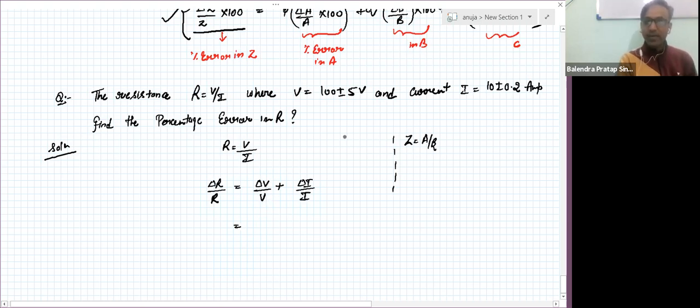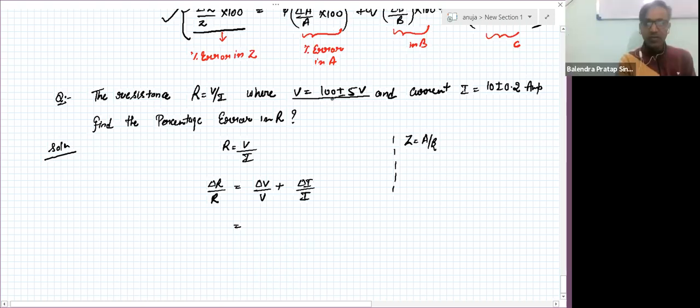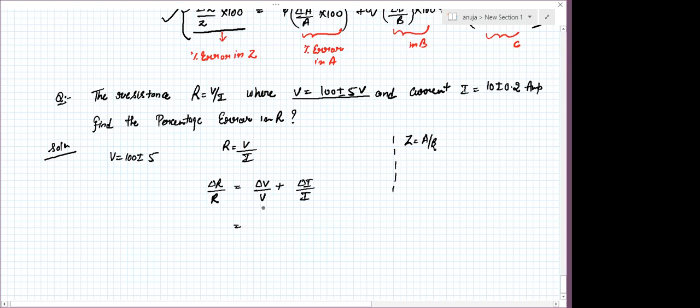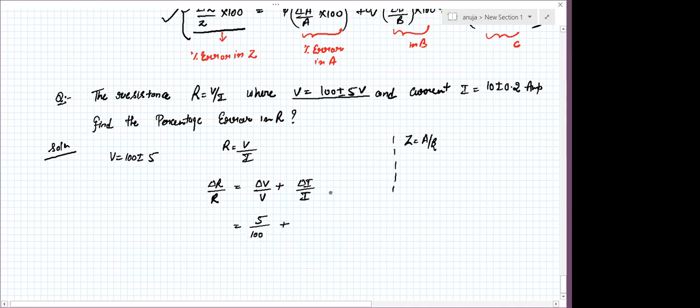By using this expression, V is equal to 100 plus minus 5 volt, what is the value of delta V here? Sir, it will be 5 upon 100. Exactly, it will be 5 upon 100. Very good. And plus delta I upon I, so this is 0.2 by 10.